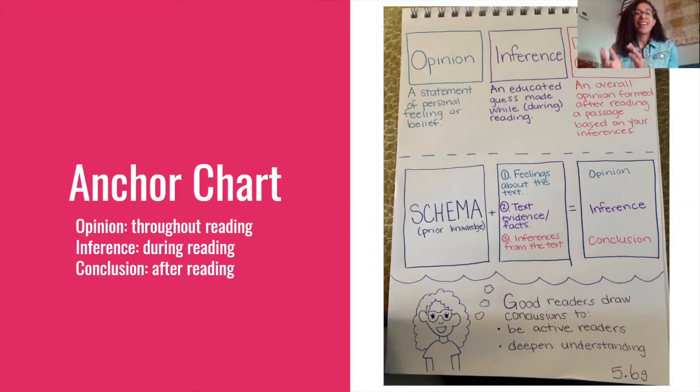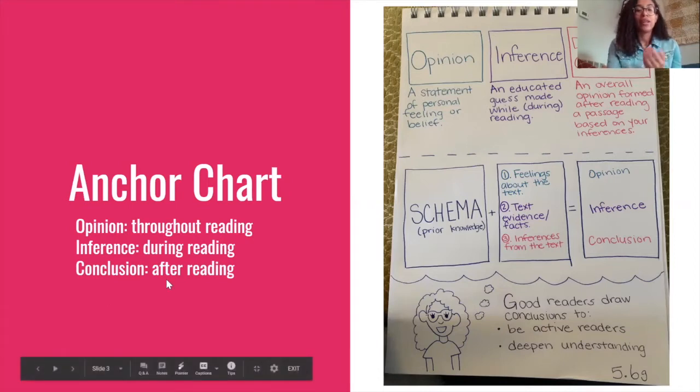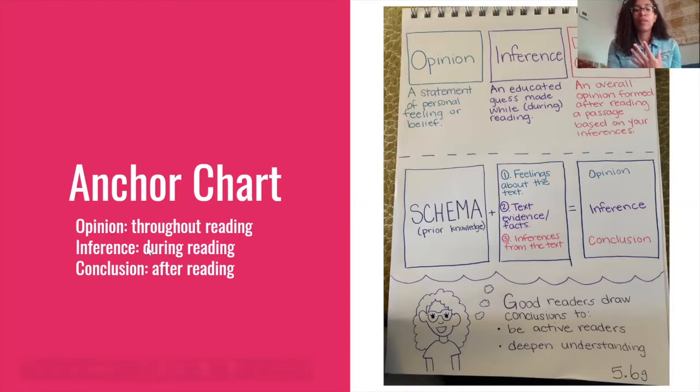I'd like you to notice that the words opinion and inference are both used in the definition for drawing a conclusion. We need both of those things in order to come to a good conclusion, which, if you look over here, we do after reading. Opinions we make throughout the reading, inferences we do during the reading, and conclusions we make after the reading.